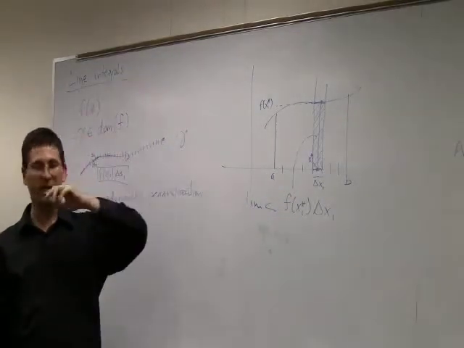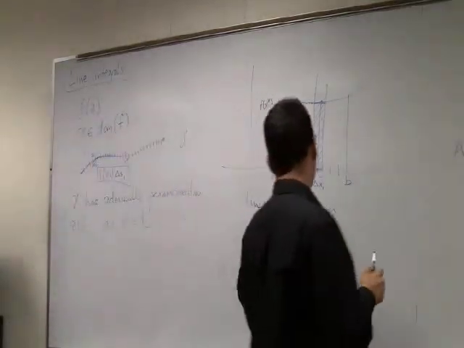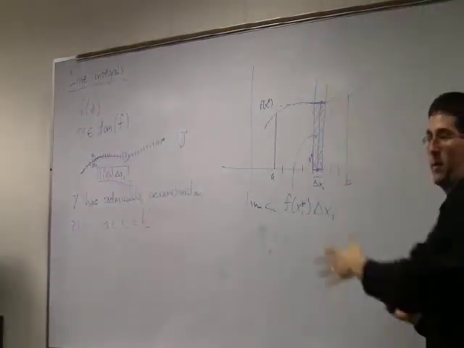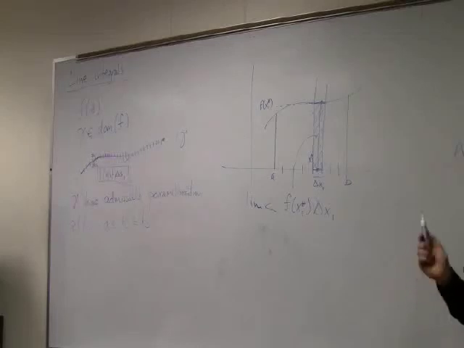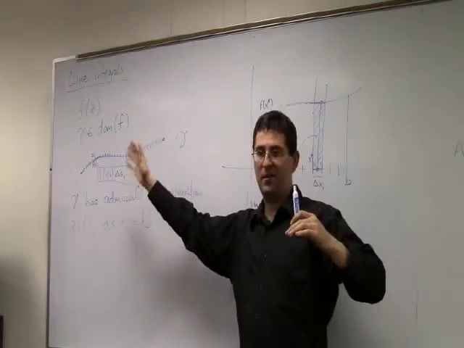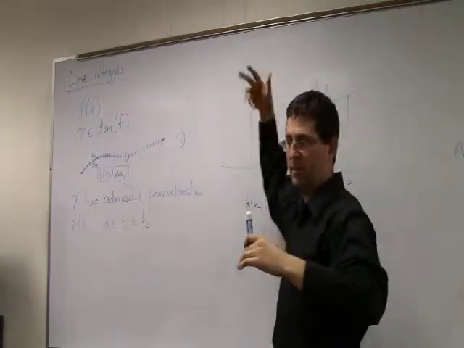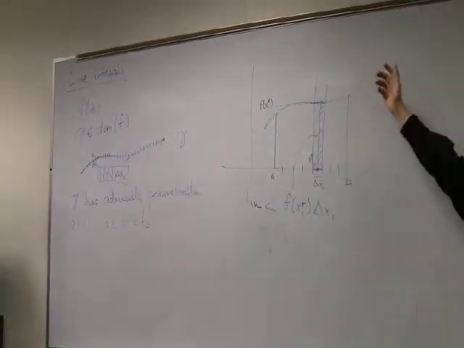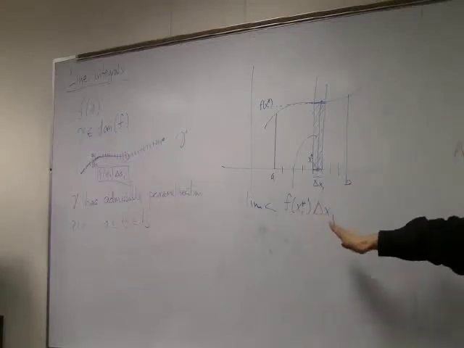The only difference is that here, we did this because we were trying to compute the area of a rectangle, and that's how we define things. Here, we're not trying to satisfy some physical intuition. We're just trying to mimic the definition.